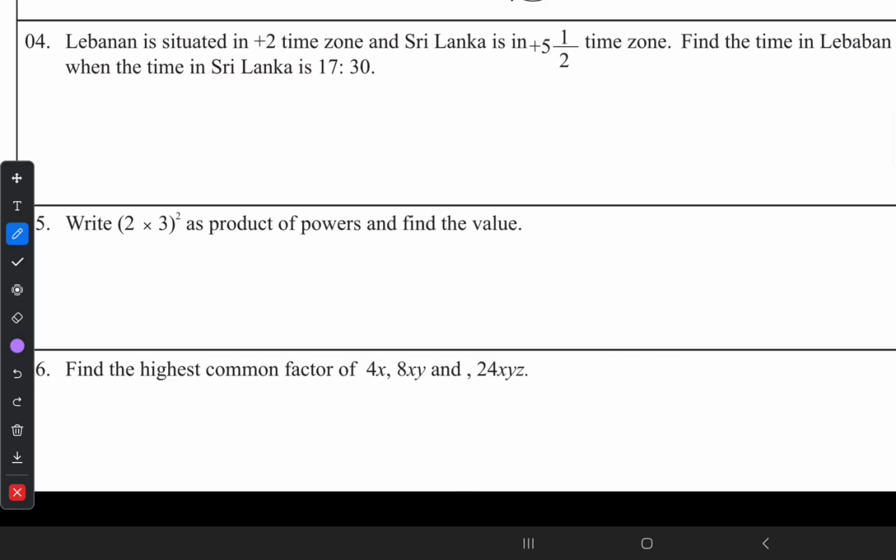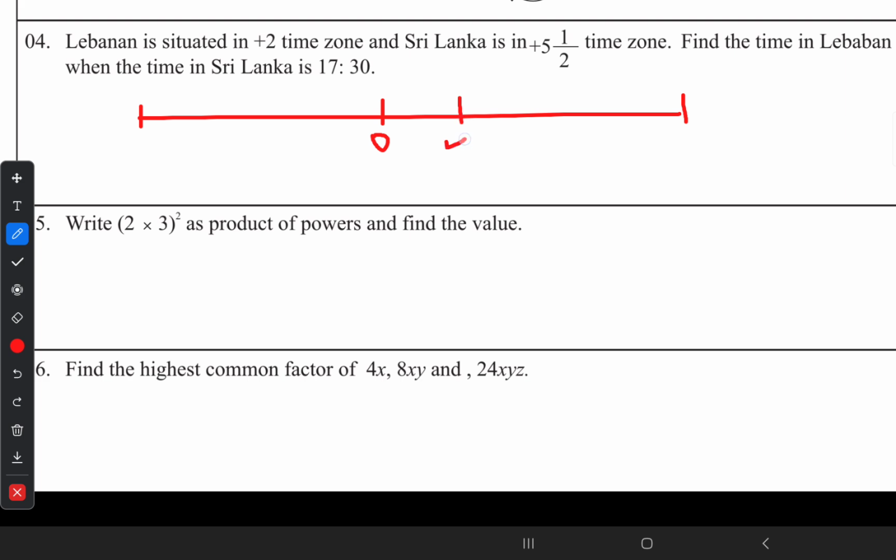Fourth one, Lebanon is situated in +2 time zone. Sri Lanka is in +5.5 time zone. Find the time in Lebanon when the time in Sri Lanka is 17:30. Yeah, we have to draw the timeline. So 0 would be here. 0 means that is our Greenwich Mean Time.